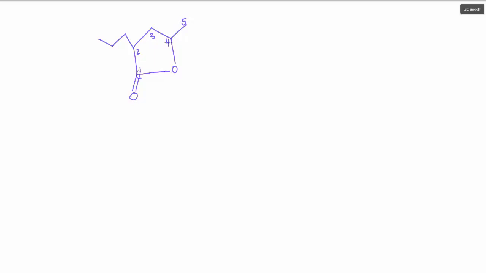But the N carbon within the ring bonded to this oxygen is carbon 4. Okay? So on carbon 2, I have a 1, 2, 3, I have a propyl, 2 propyl.